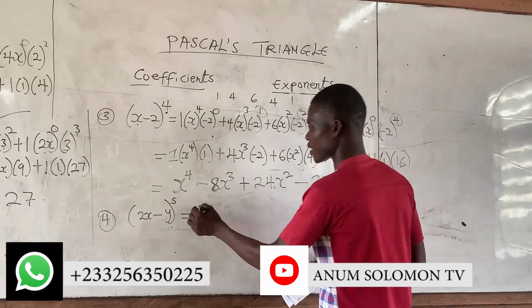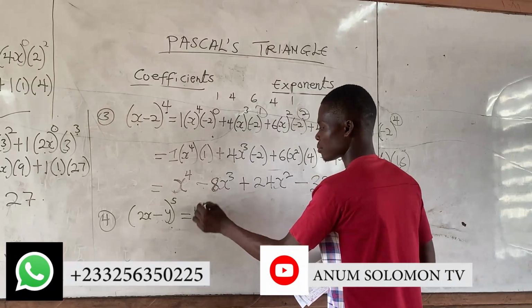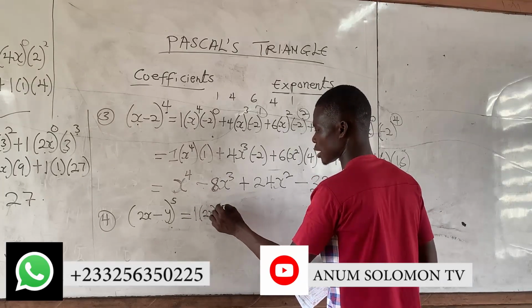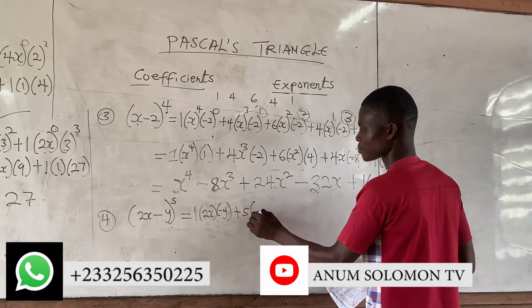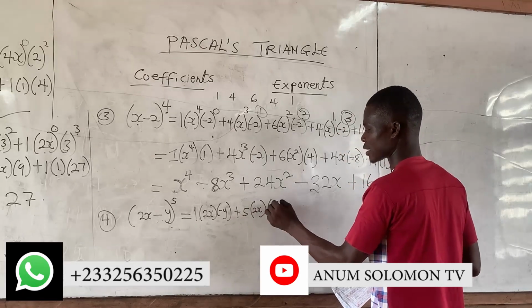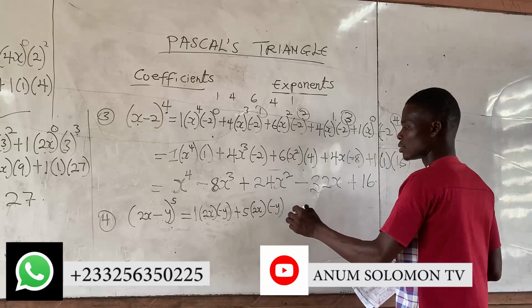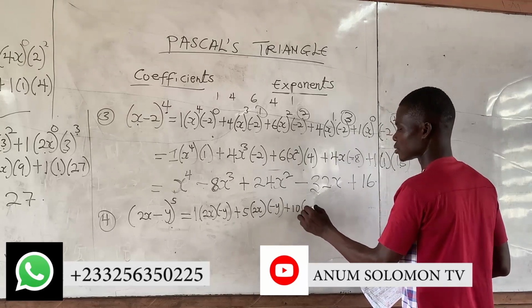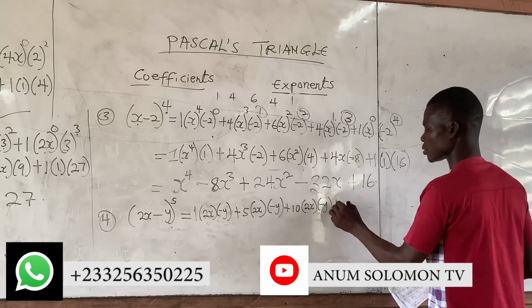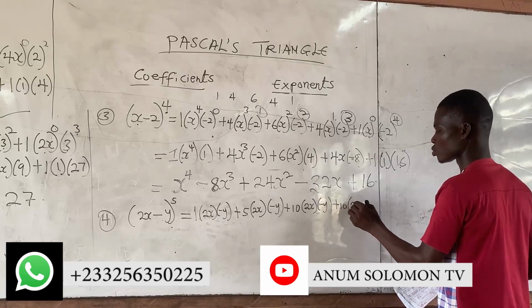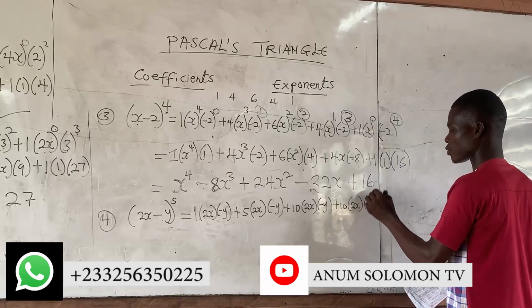So the first coefficient is 1. Bring your 2x, negative y. The second term is 5, with 2x, negative y. We have 10, with 2x, negative y. We have another 10 term, with 2x, negative y.